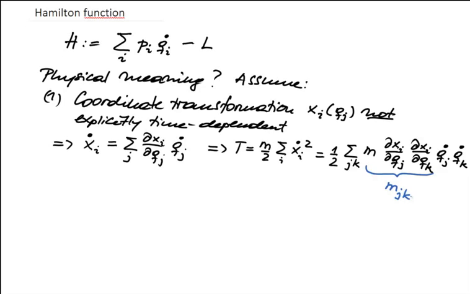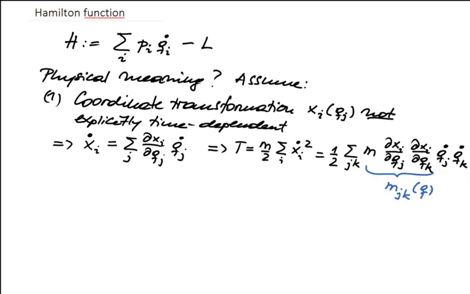If at all, it depends on the position, but not on velocities, because the xi are functions of the qi and not of the qi dot. When you take the partial, it's just a function of the qi. Yeah? So the mjk, this coefficient here, if it's not even a constant, it depends at most on the positions.